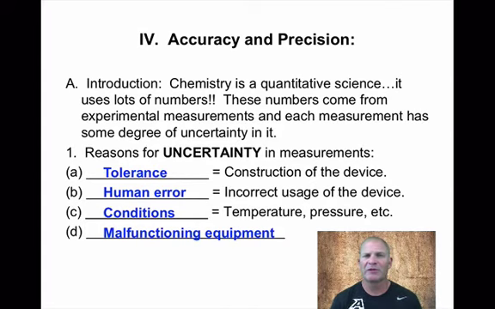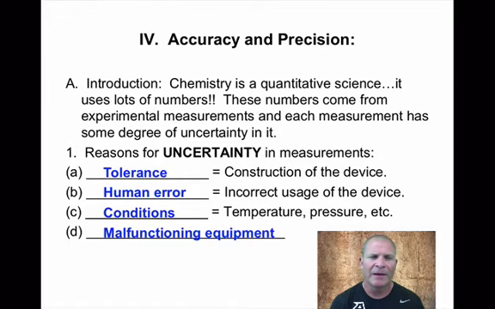There are some other things that produce possible error, and that is tolerance, which is more about the quality of the equipment, whereas malfunction of the equipment also ties in with that. Then conditions of the room. But the main one there is uncertainty, human error, and that is really the main reason why we give some uncertainty to our measurements, to give us some cushion, knowing that we're not perfect.